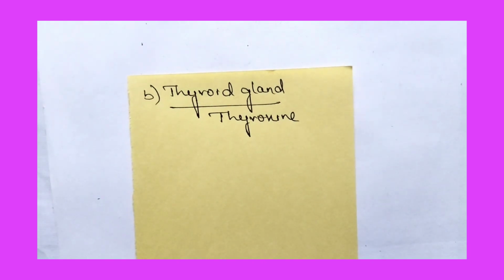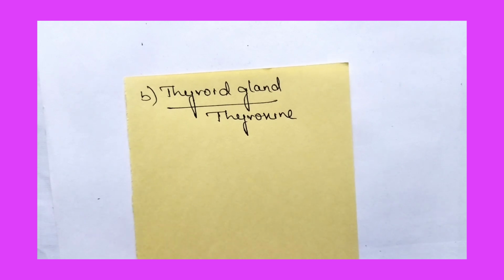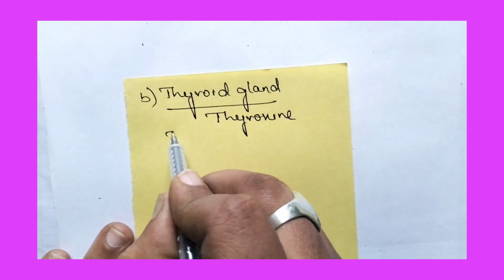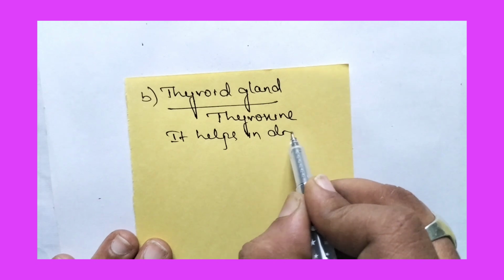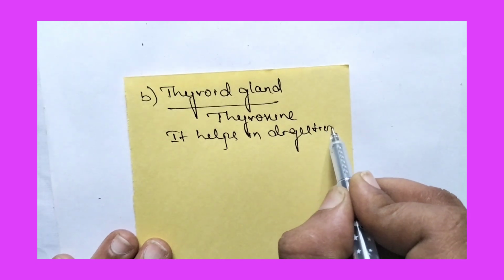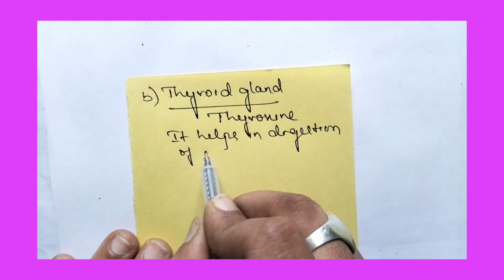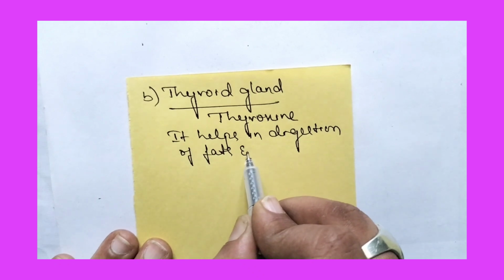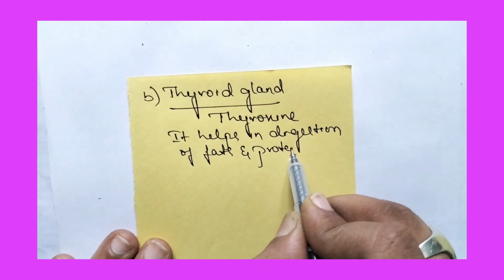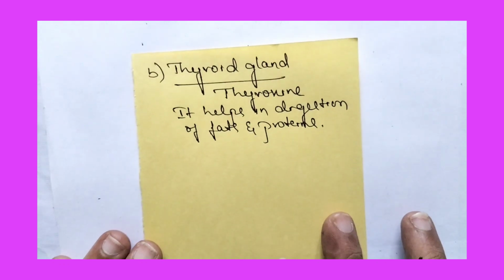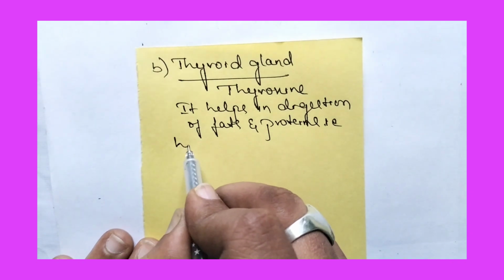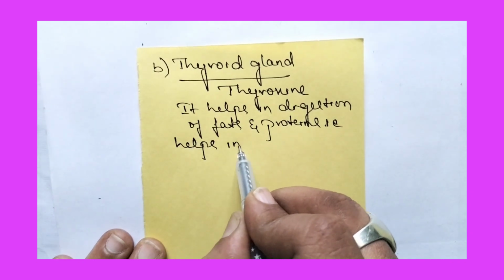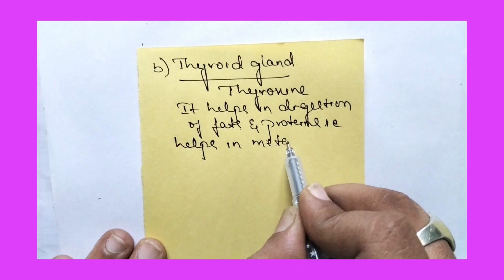Then what is the function of this thyroxine? It helps in digestion of fats and proteins. That is, it helps in metabolism.